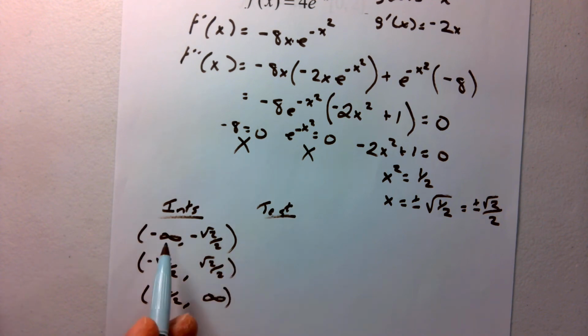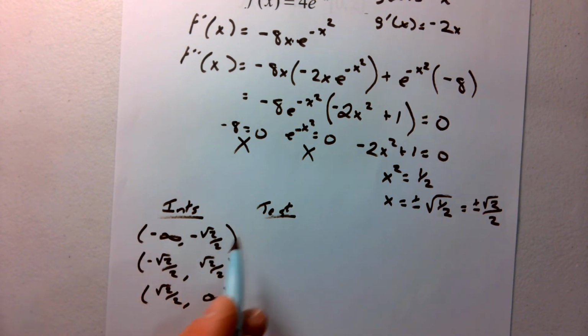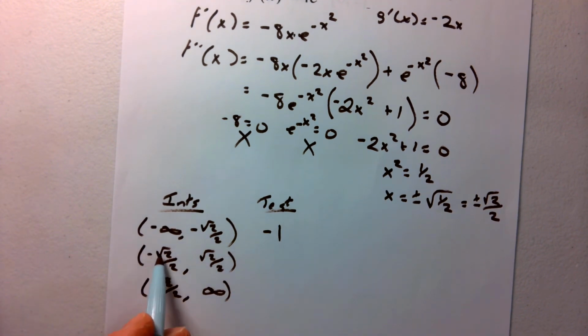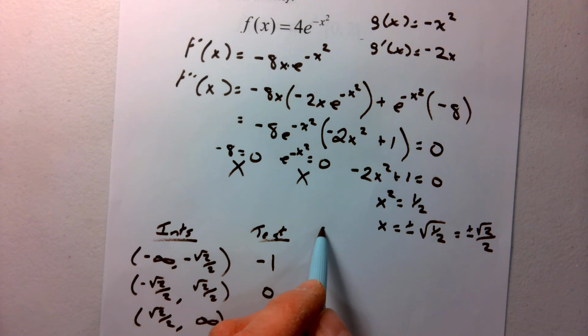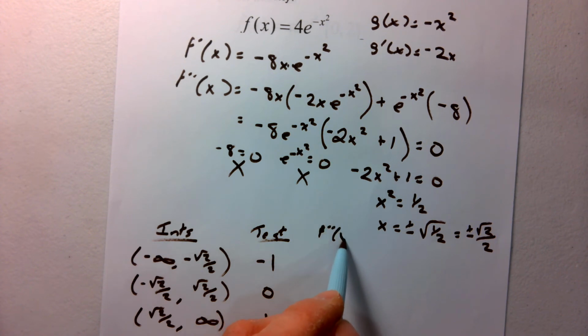So we're going to test. We have a number between negative infinity and negative 0.707. So negative 1 would work. Between negative 0.707 and 0.707, how about 0? And then 0.707 to infinity, maybe 1 would work for us, wouldn't it? And we're looking for the sign then of the second derivative.